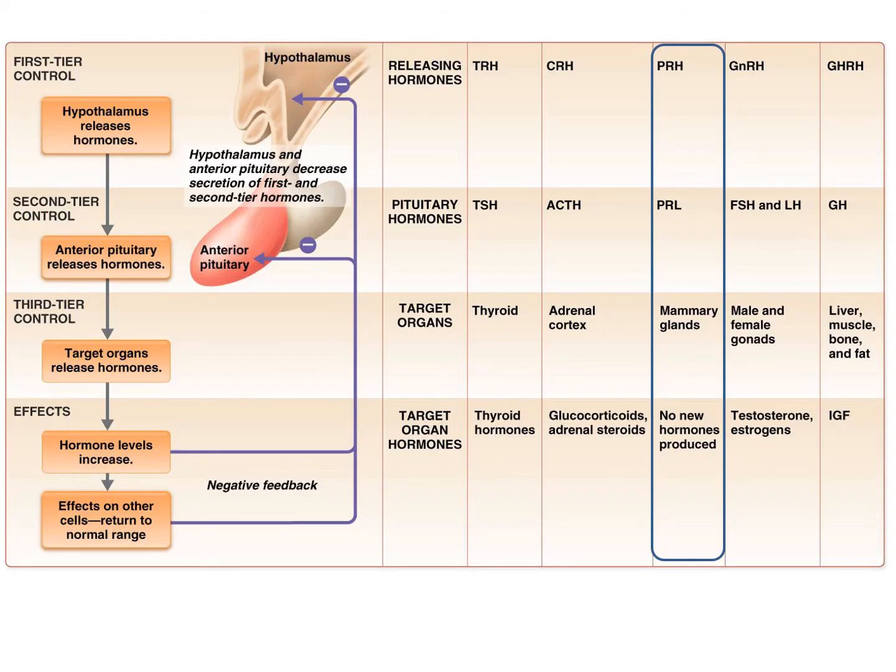So here's prolactin releasing hormone from the hypothalamus. It stimulates prolactin from the anterior pituitary that has effects on mammary glands. And this is one of the exceptions to this table, because this one is not a tropic hormone, and there are no other hormones being produced from the mammary glands.